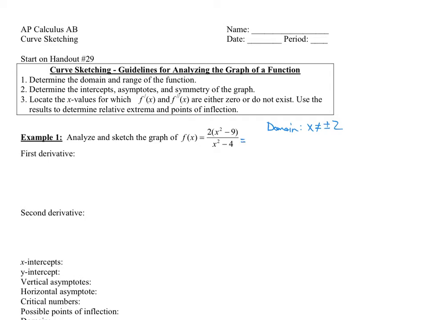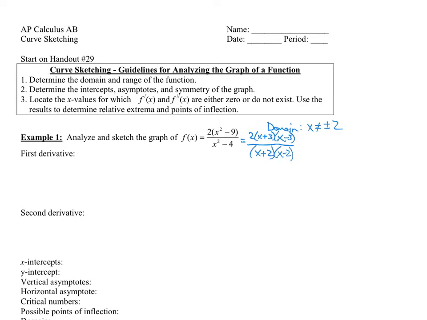It would be 2 times something. Yeah, it's not a hole. It's not something that will cancel out. And you could even factor, because we'll use that again in a sec, x plus 3, x minus 3 on the top, and we've got an x plus 2, x minus 2 on the bottom.